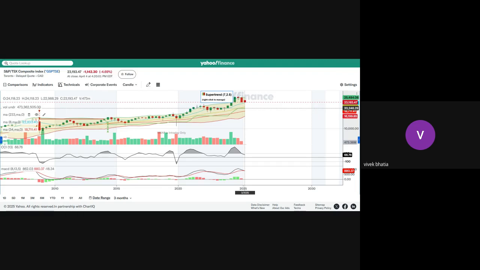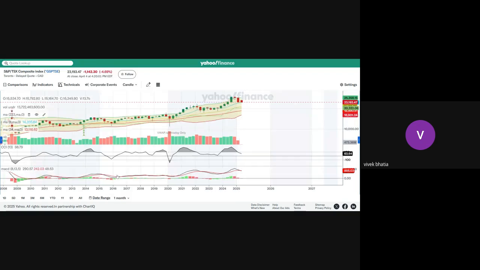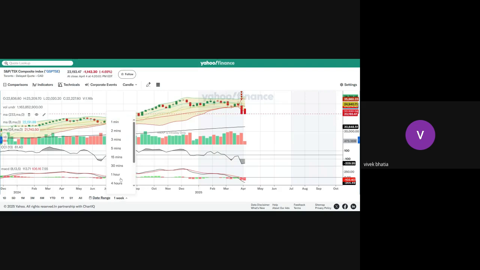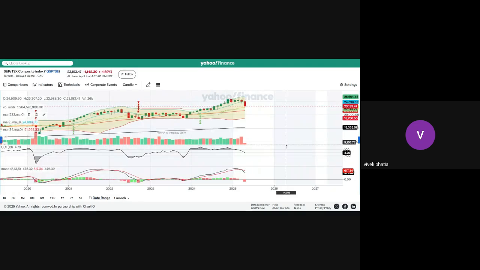Let's check the monthly chart now. It is mirroring exactly, the chart hasn't changed. Oh, that means you were watching the monthly chart there.